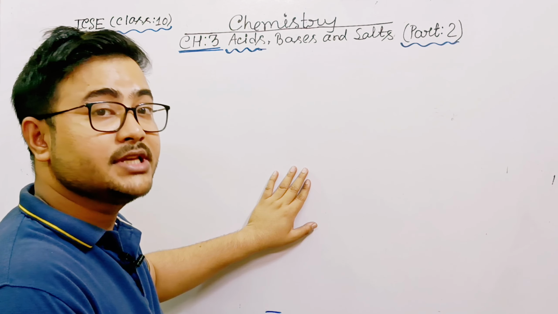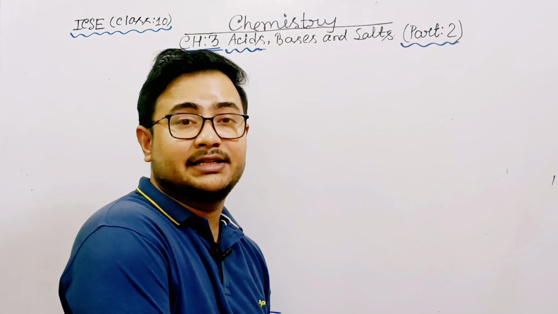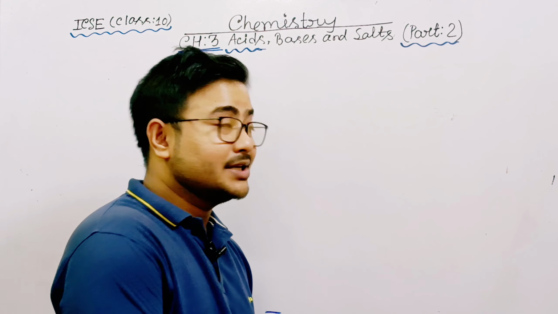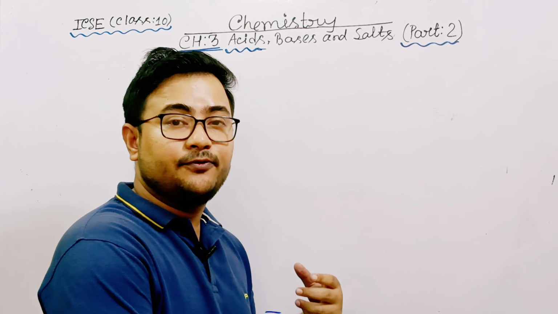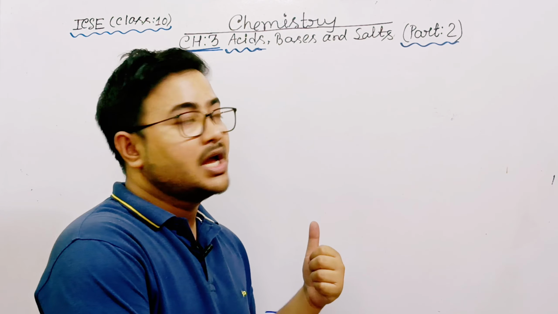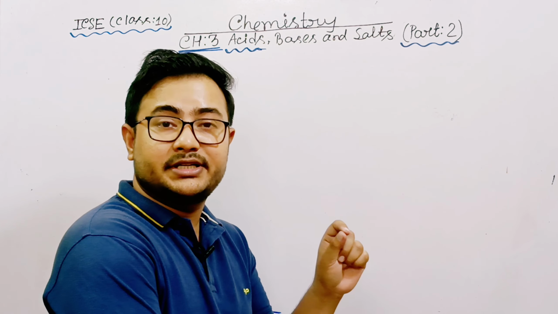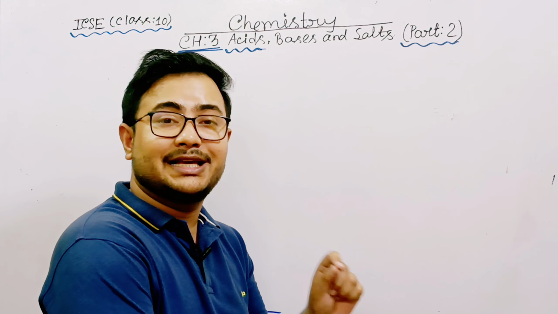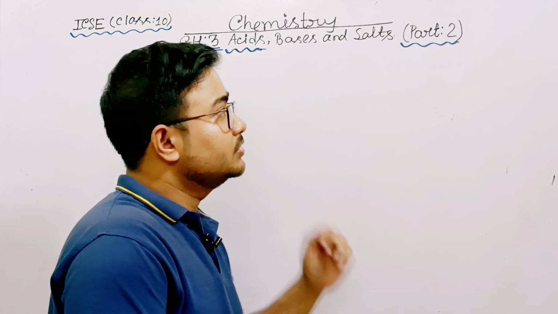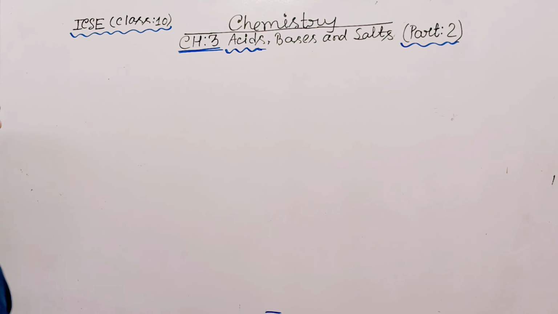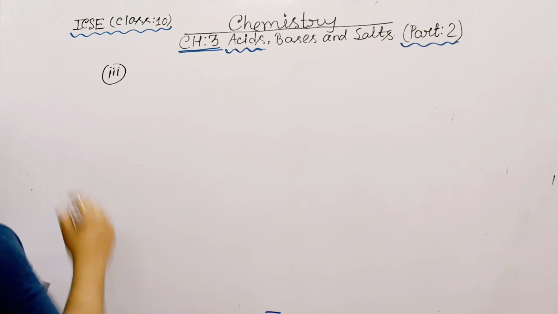Then after reading your self note, if you read the Selina Concise one time, you can understand why all these videos are very important and helpful for your board examination, because I cover all the lines, all the points, all the concepts, definitions, examples, everything in all these videos. So prepare it properly.